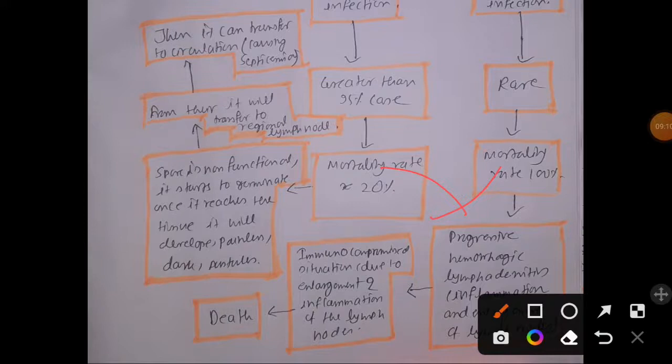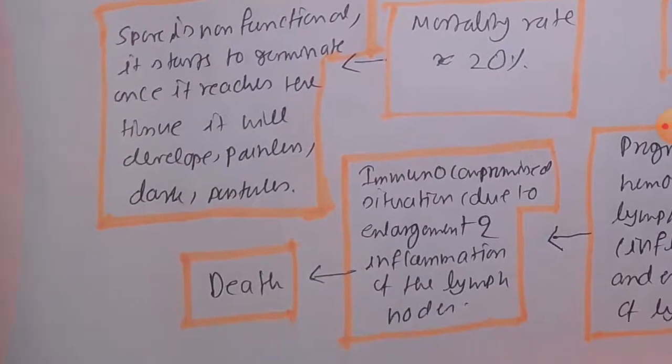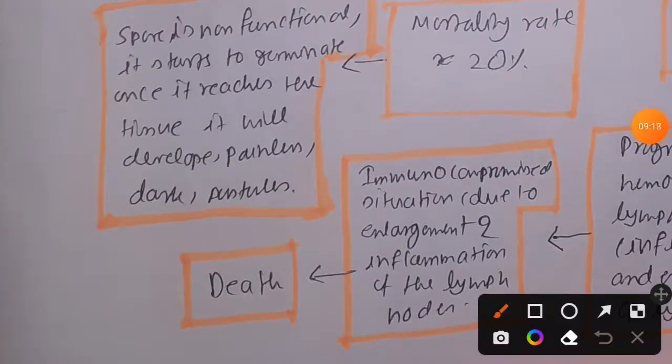The first thing that it will cause is progressive hemorrhagic lymphadenitis, that is the inflammation and enlargement of the lymph node. As I think you know, lymph nodes play an important role in our immune system, right? So as it is affected by Bacillus anthracis, there will be an immunocompromised situation.